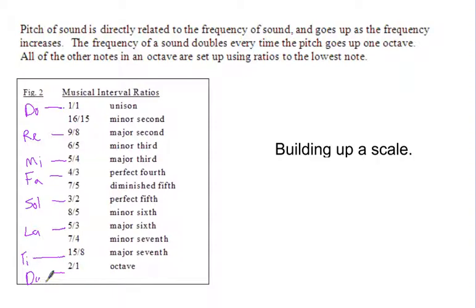When we're looking at what notes sound good together, things that are harmonious together are ones that have small whole number ratios.